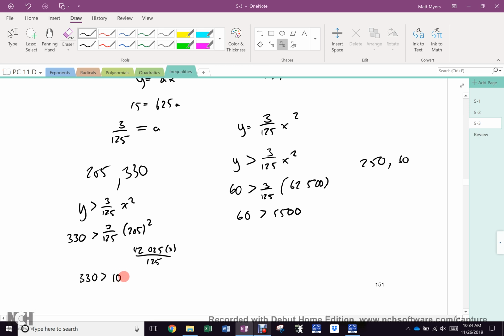Is 330 greater than 1,008? Did we do yours backwards? No, he's way further away than you. Your x was 250, and you were this close. His x was 205. It's that far away. So will I even get Aiden? Is that in the solution region? No. Everybody understand?